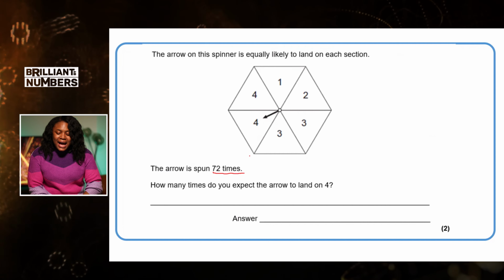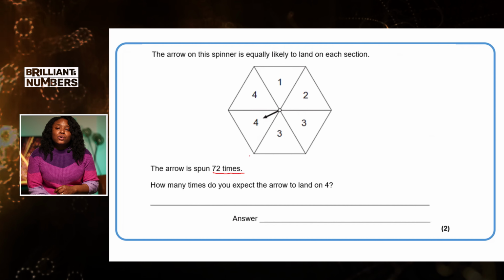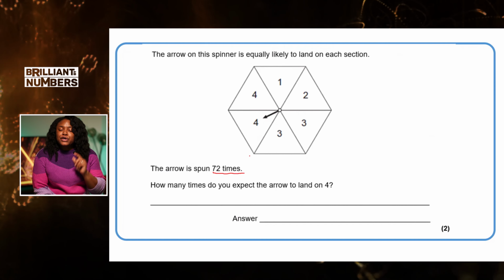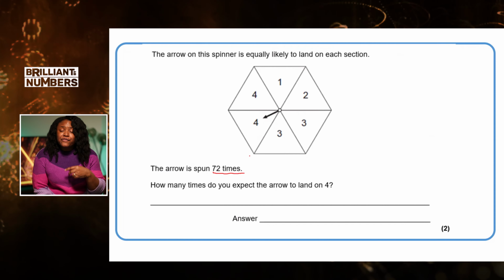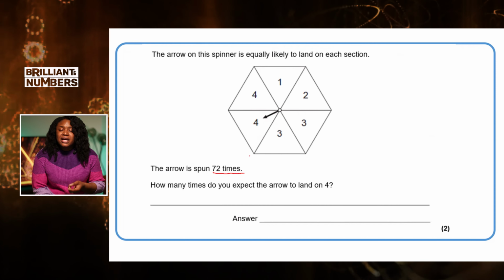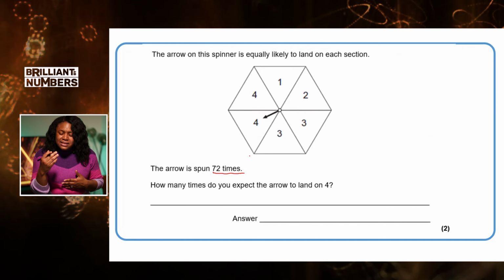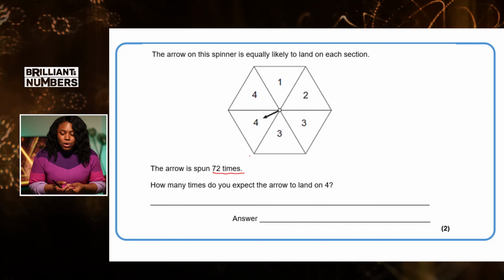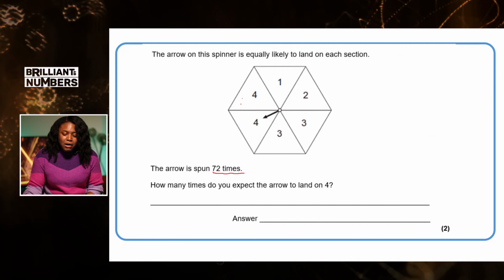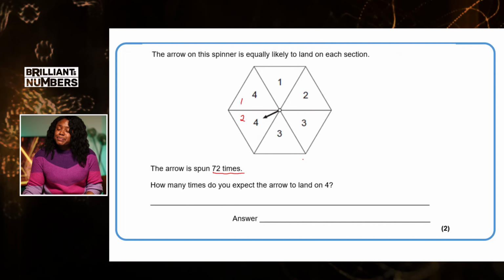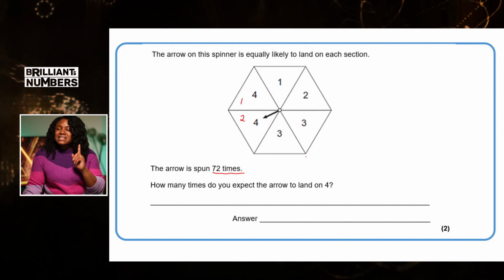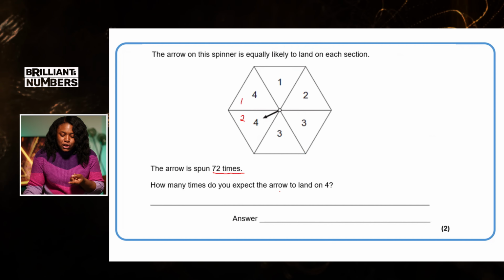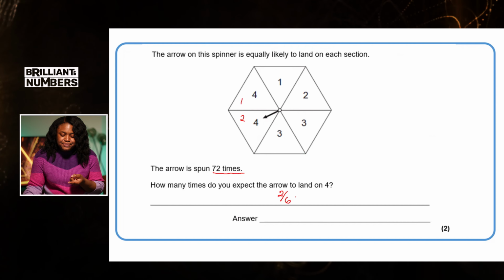Now remember, expectation is equal to our relative frequency multiplied by the number of trials. So first thing we need to do here is to find out what is the relative frequency or the probability of getting a 4. We can see here there are 2 4s on the spinner and the spinner has 6 sections.